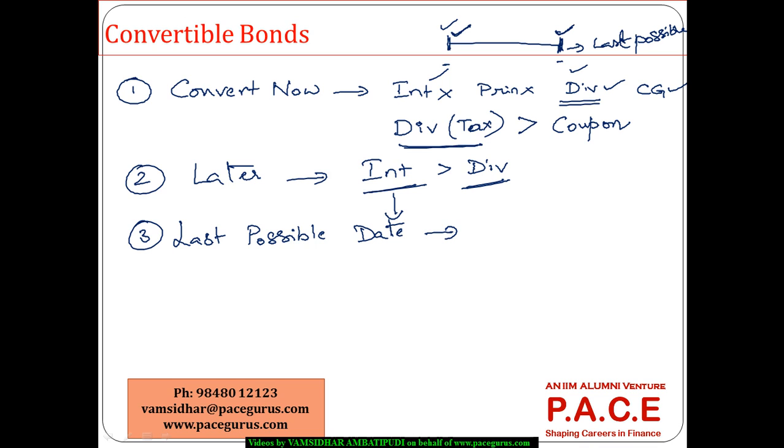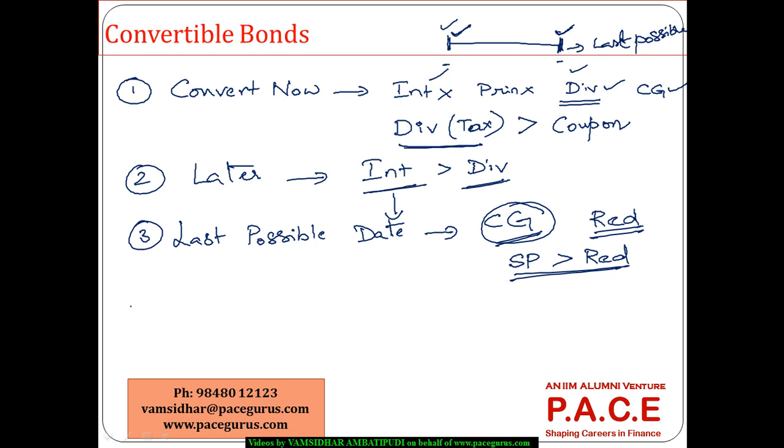The only difference from that point is the capital gain that I am going to get versus the redemption amount, which is the principal. So there is no more question of interest and dividend because that is the last possible conversion date, right? Now, at that point, if I'm still converting, which means at that point, I'm seeing that the share price, which is the capital gain that I'm going to get, is much higher than the redemption price. So, on the last date, if I want to convert, this is the check that I'm making.